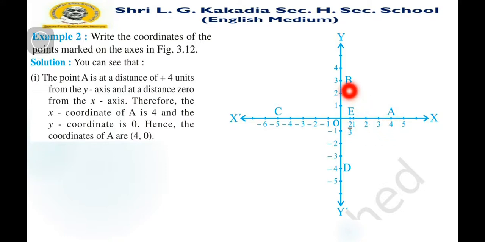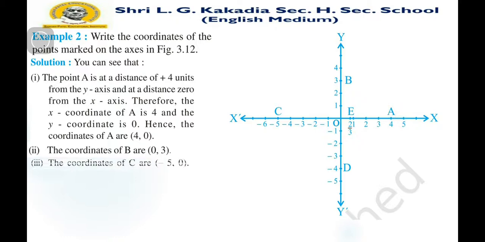As well as about B, the distance from the x-axis along the y-axis is 3, which means its y coordinate is 3, but the distance from the y-axis along the x-axis is 0 for the point B. So the coordinates of point B are 0 comma 3.